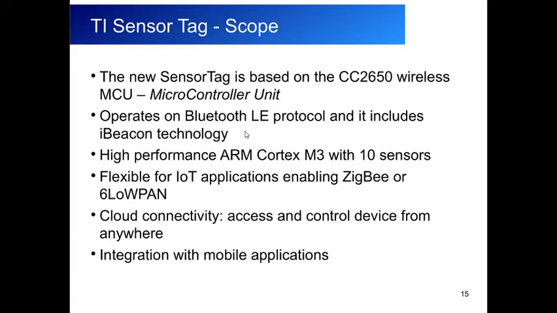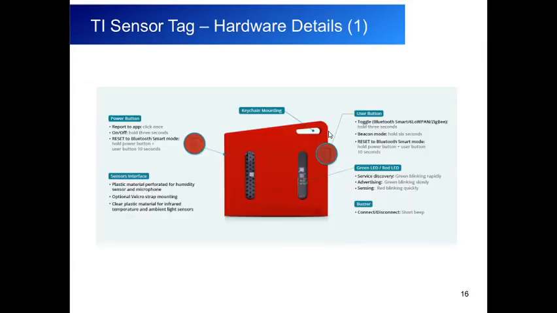It is very interesting because it has many sensors and can be connected to applications to retrieve information from all the sensors inside the device, and it can also be used to connect to the cloud and integrate very easily with many mobile applications.